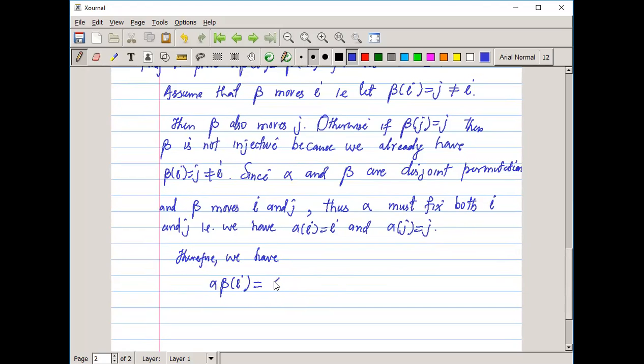So this can be written as alpha of beta of i, by the definition of composition of functions. Now beta of i is defined to be equal to j, so this is equal to alpha of j, but alpha of j is equal to j. So this means that alpha beta of i is equal to j.